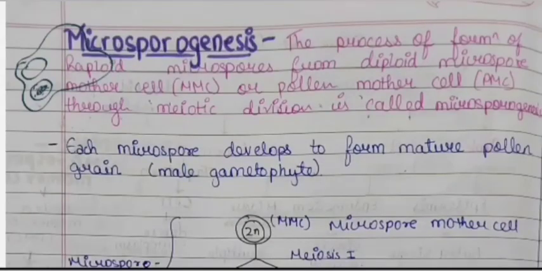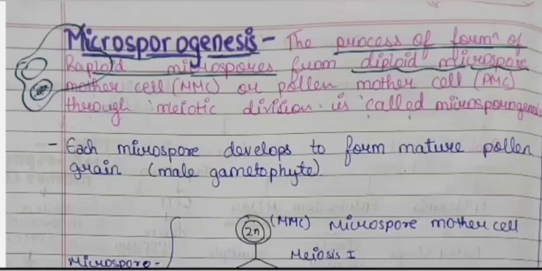Now, if we talk about microsporogenesis, it is the process of formation of haploid microspores from the diploid microspore mother cell or the pollen mother cell, that is PMC, through meiotic division.